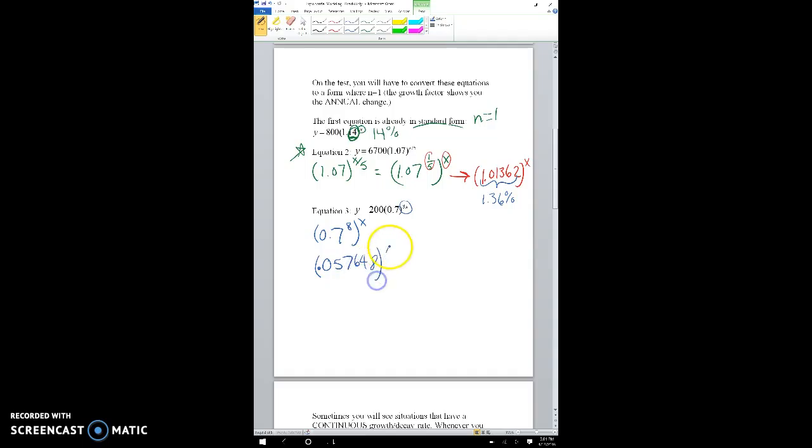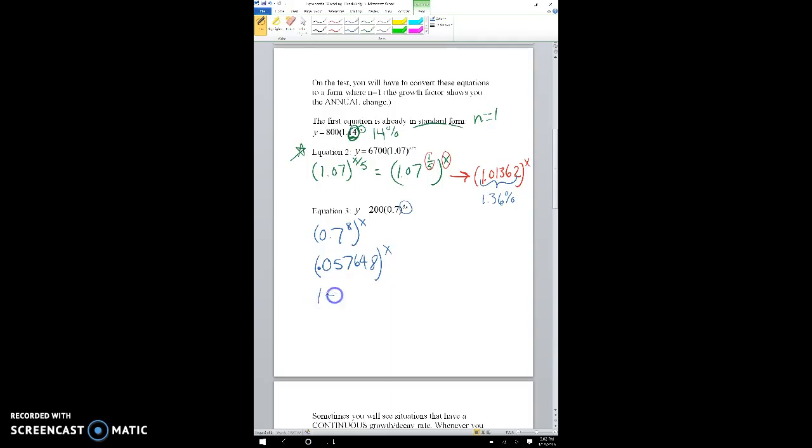0.057648 to the x. So remember, the growth factor, the thing that's in the parentheses, always tells you how much you have at the end of the year or at the end of the period. This tells me that at the end of the year I only have 5.7648% of what I started with.